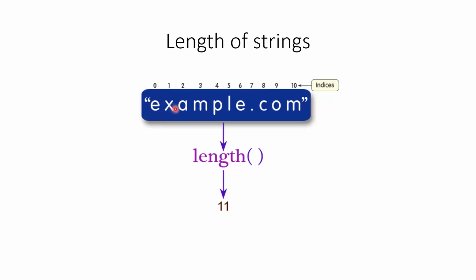So E X A M P L E, the special character dot has to be considered as one of the characters, and it will also take 1 byte to store, and C O M. All these 11 characters together constitute the example.com string, and therefore we say there are 11 characters. The last character is at the 10th index, so the last index plus 1 gives us the length of the string.